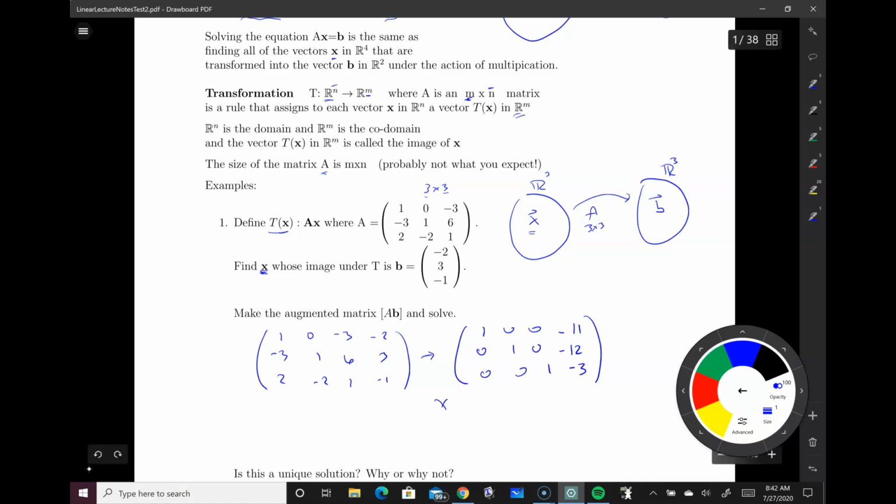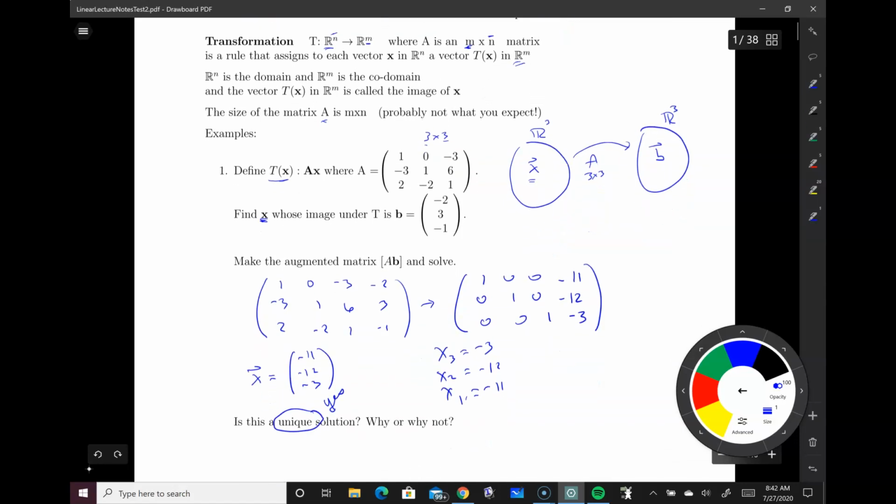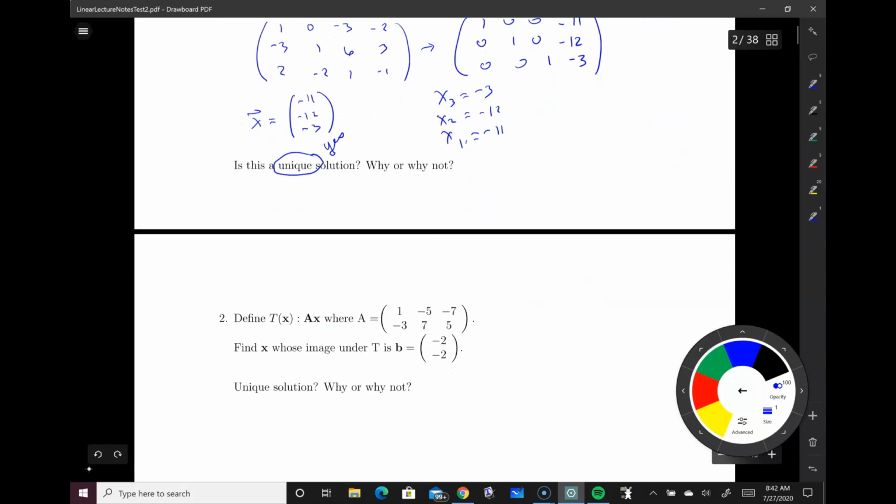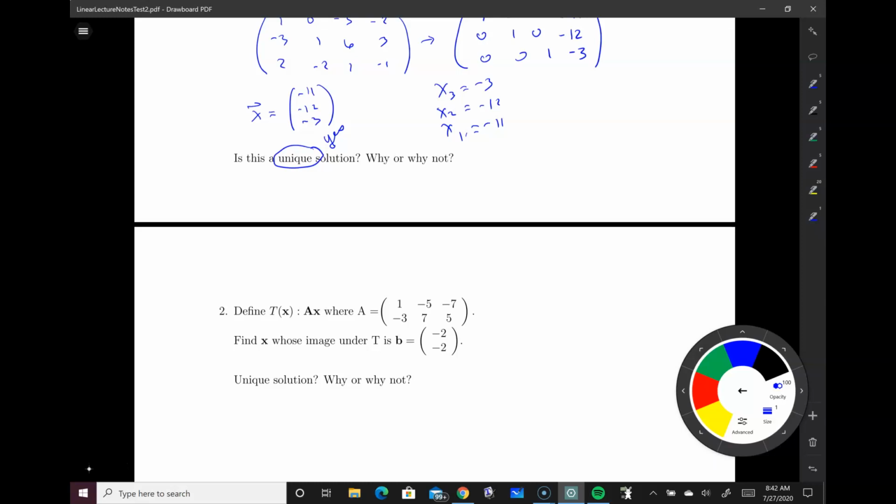This last row here says x3 is -3, x2 is -12, x1 is -11. So my x vector is (-11, -12, -3). And is this a unique solution? Yes, because I have one vector x that goes to that vector b. Sometimes we're going to have infinitely many solutions, and we'll see that shortly.